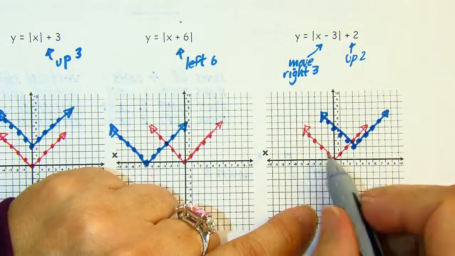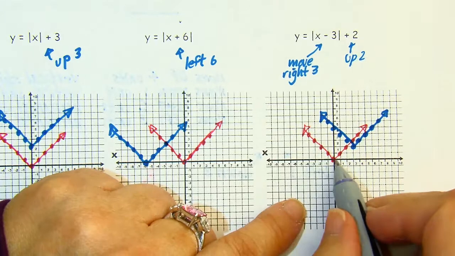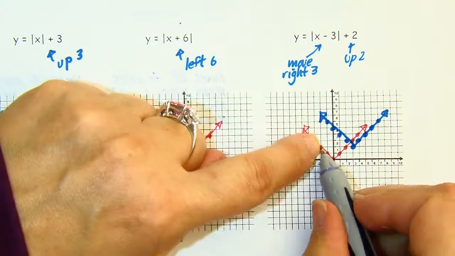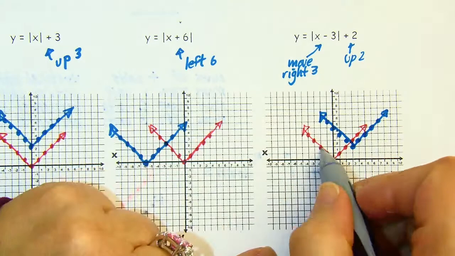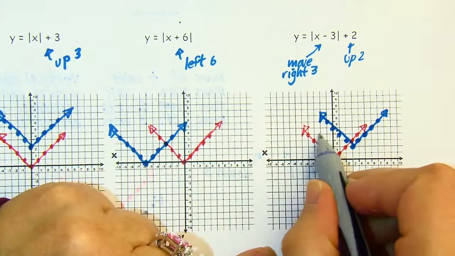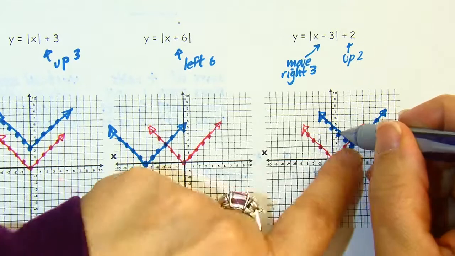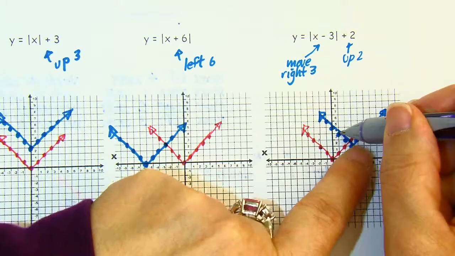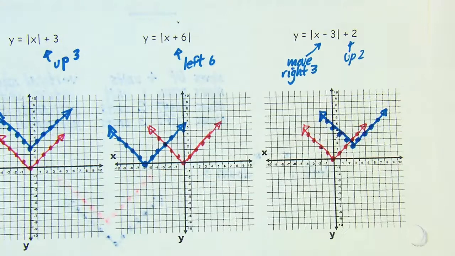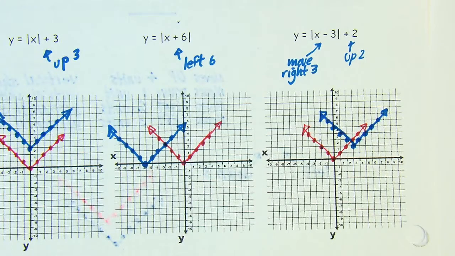If I choose this one over here, which was 2 points away from the vertex, and I move that up 2 and to the right 1, 2, 3, there it is. And that is 2 points away from that point right there. Okay? So it does work out. Convince yourself that it does, and convince yourself to do some easier graphing.